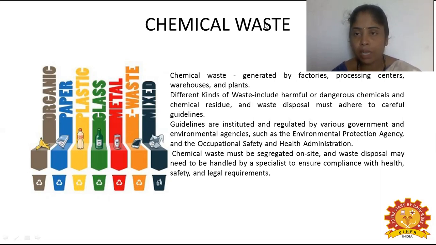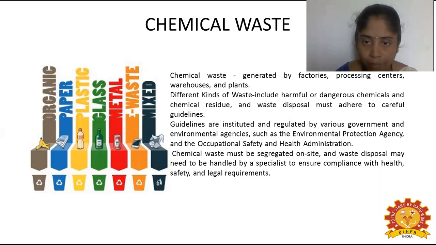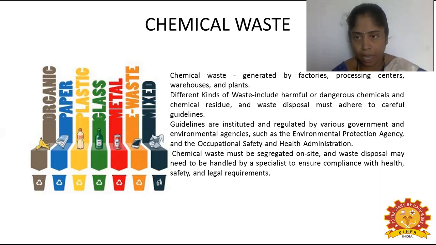Chemical waste is generated by the various factories, processing centers, warehouses and plants. Whatever waste is generated comes from the various factories, processing industries and processing plants that produce consumable as well as non-consumable products.